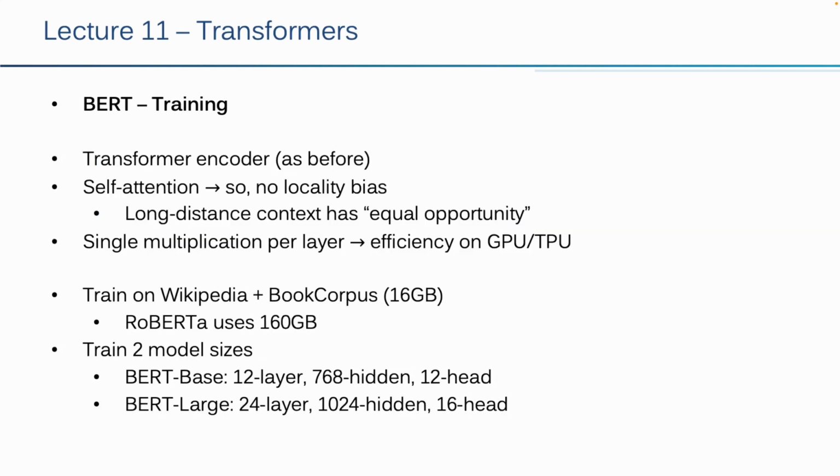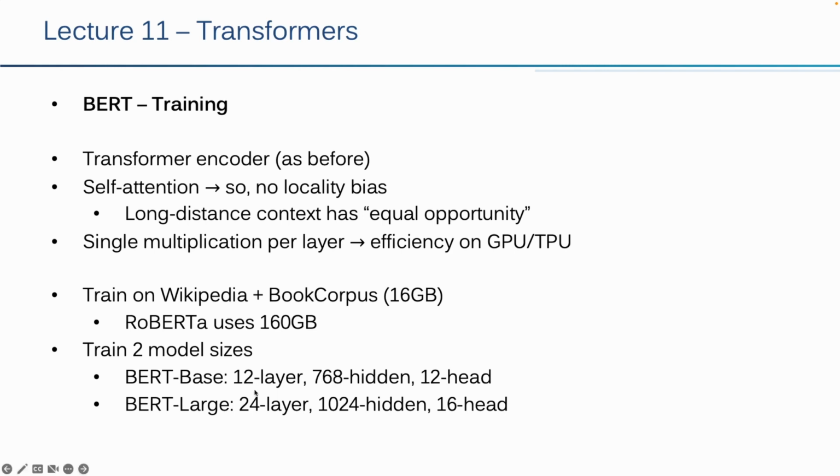Okay, BERT takes transformer encoders only. So it's an encoder-only architecture. It has self-attention. It's basically a single network that is trained on BooksCorpus and Wikipedia. It's only 16 gigabytes. There are iterations on BERT like RoBERTa that take 160 gigabytes. Now there are models that take, as I said, multiple tens of terabytes of text. And there are two versions.